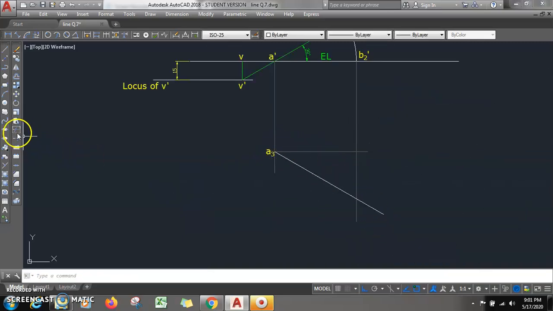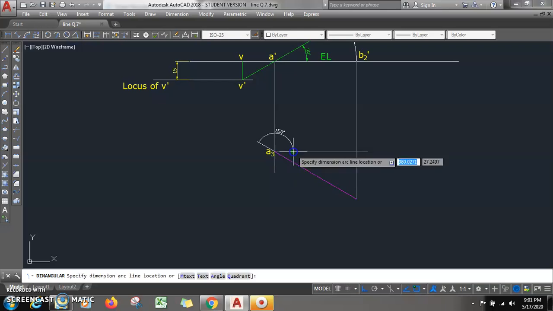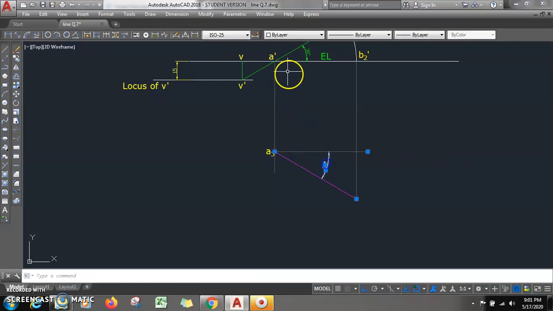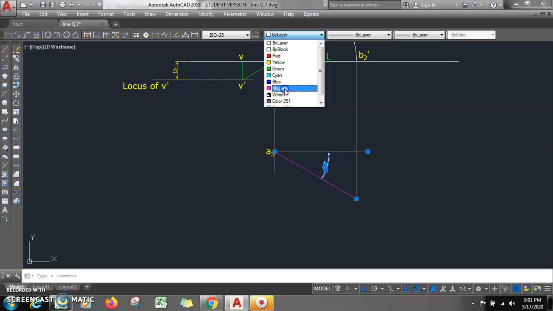So excess length we can trim, and in this way ये क्या मिला हमें, this length is nothing but true length. और इसका angle क्या है, this angle is phi equal to 30 degree.